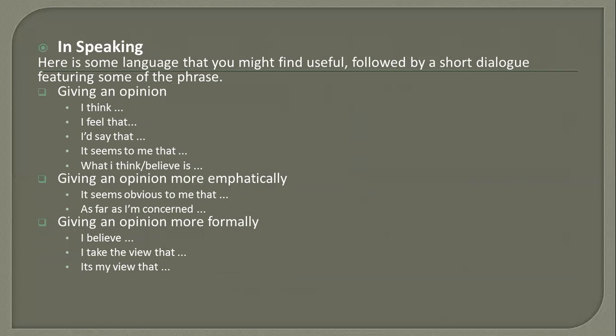Giving an opinion more emphatically, for example: it seems obvious to me that, as far as I'm concerned. Giving an opinion more formally, such as: I believe, I take the view that, it's my view that.